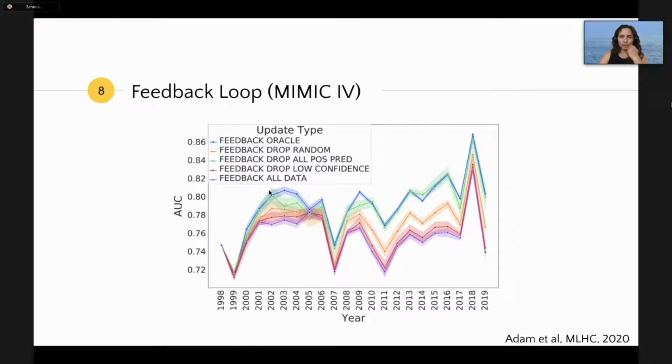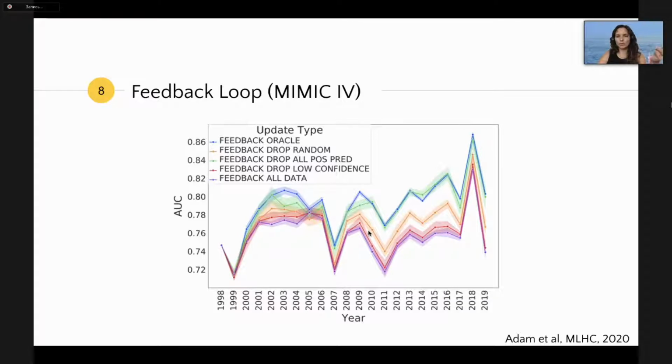So, as you can see, this green curve is the best strategy we have to be pretty much like the oracle. The other strategies don't work. The purple is the worst, when we just take all the feedback, and the red is feedback when we drop the low confidence predictions.